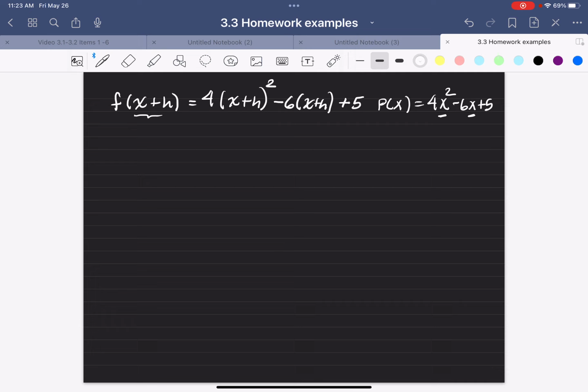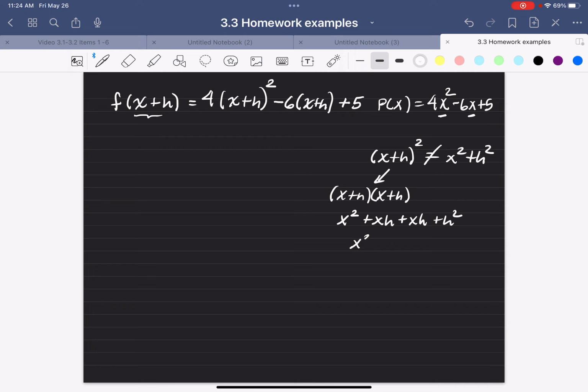So the tricky part, and what most folks miss, is you want to put x squared plus h squared for this. But remember what this means. It means x plus h times x plus h. So there's x squared plus xh plus another xh plus h squared.